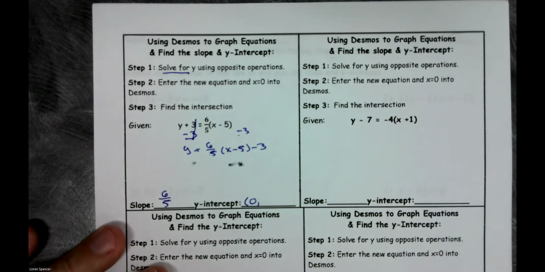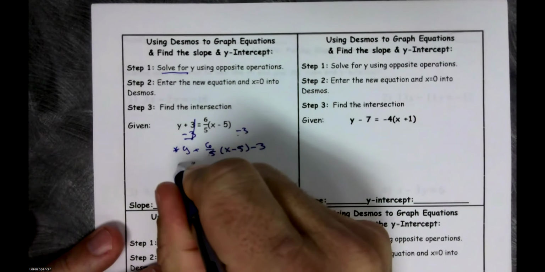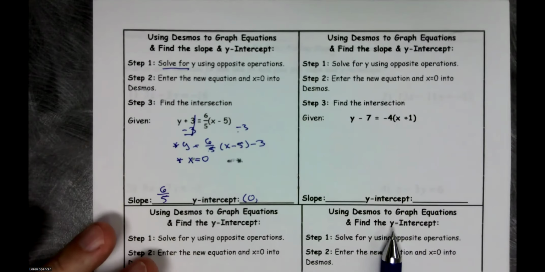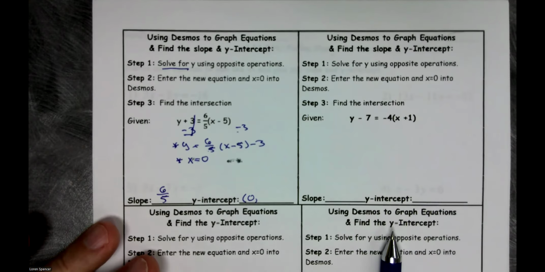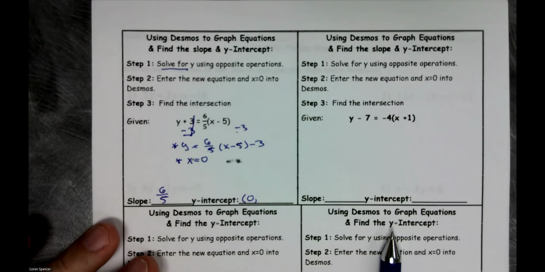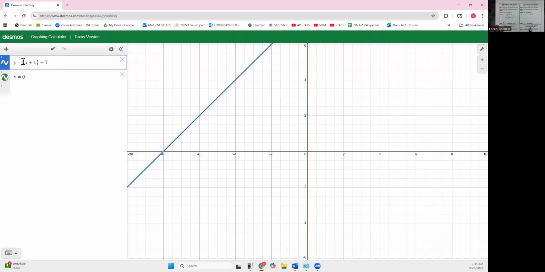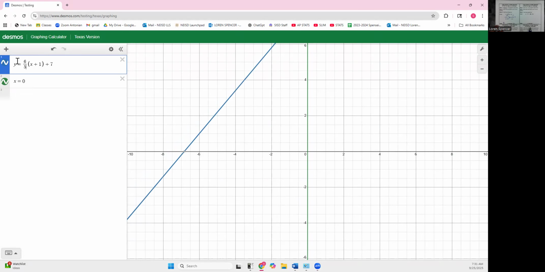So we're going to input this equation into Desmos, and we're going to input x equals 0 into Desmos, which will give us a vertical line. So we're going to share. And we have y equals 6/5 x minus 5, and then -3.